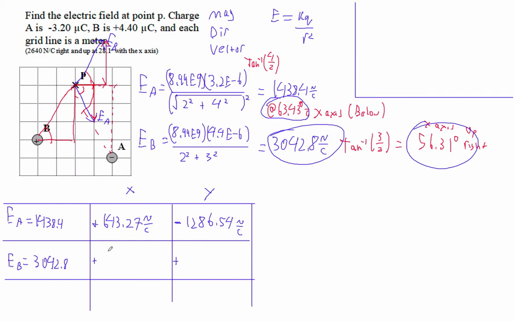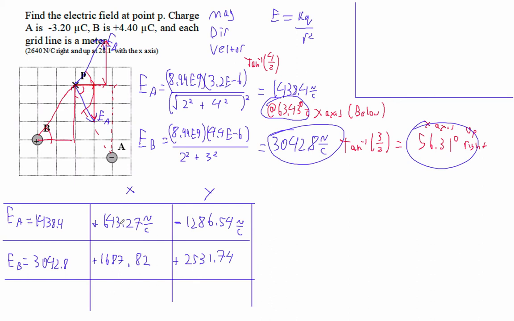The cos is going to give me the x. So 3042 cos 56.31 is 1687.82. And then sine, let's do the same thing. Let's go 3042 sine 56.31, 2531.74, right? And now we're all set.